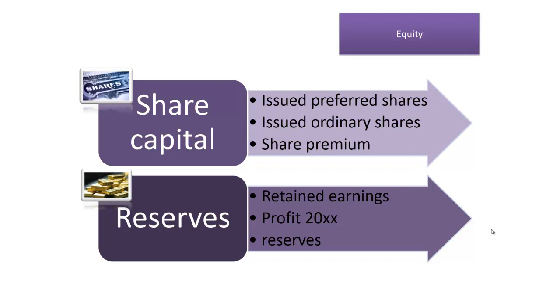This value is not relevant for the shareholders, as the shareholder has probably paid much more. The difference between what the shareholder has paid for the share and the par value is mentioned in the share premium. So the share premium is calculated by the paid price minus the par value.